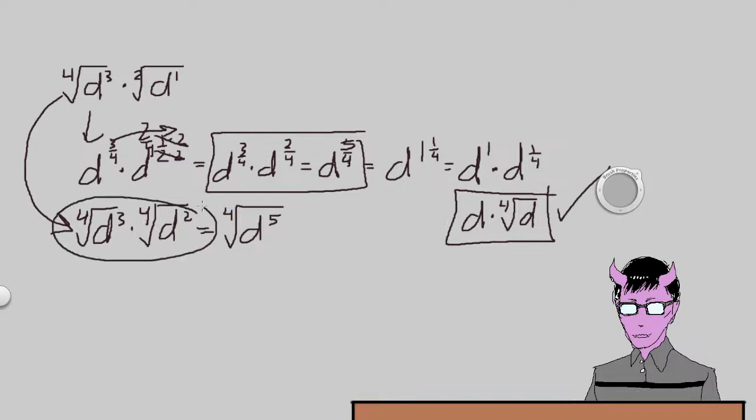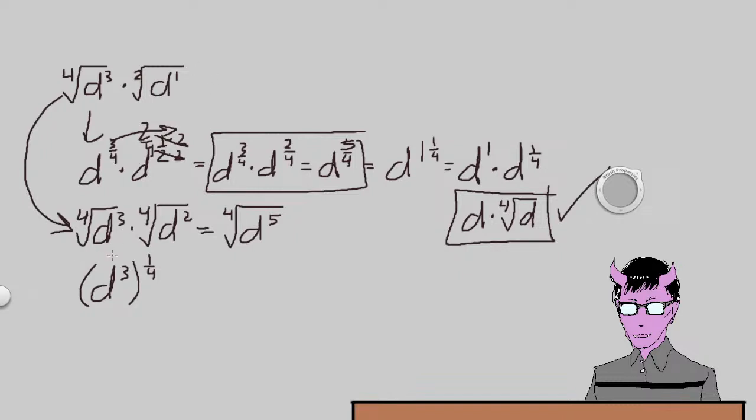Because if you think about it, this thing right here, you can technically factor out the 4th root. It's going to look weird, but just trust me on this. Let me show you. So this one is d to the power of 3, to the power of 1/4. Now you have to be very careful, because d could be a negative value.